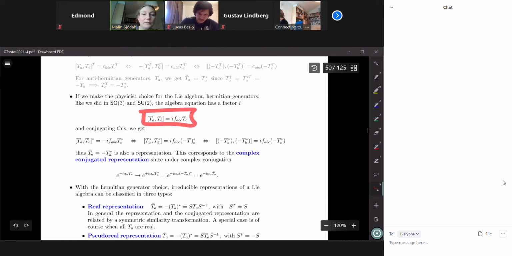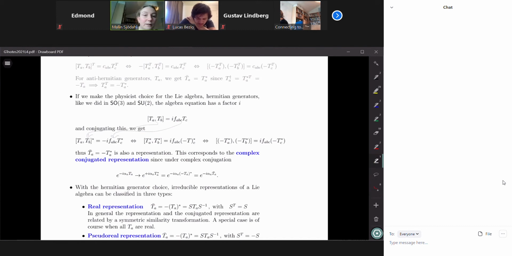Now, if we take this relation and complex conjugate it, taking the star of this thing and the star of that thing, then the i goes to minus i, the fABC stays fABC, and the TC becomes TC star. So what we then have is that the commutator between the complex conjugated generators is i fABC, and then this minus sign I just multiply in with the TC, so it's minus TC star.